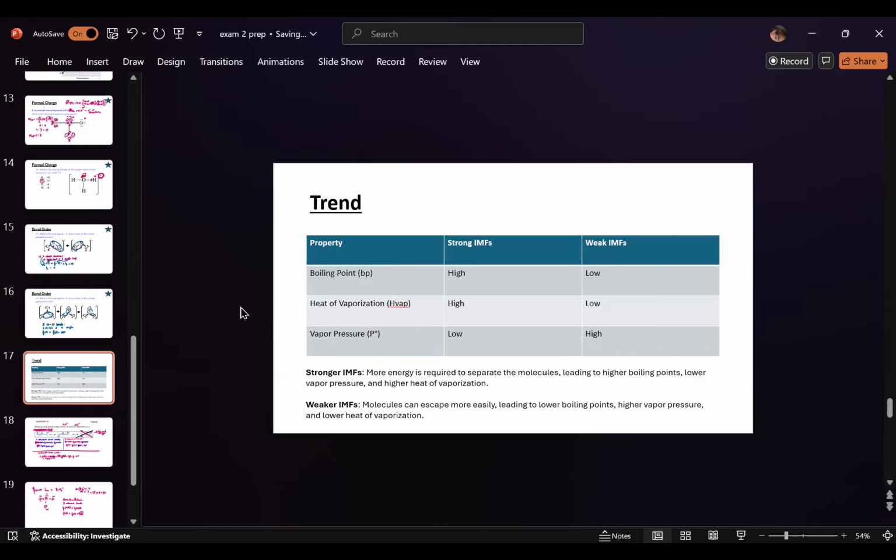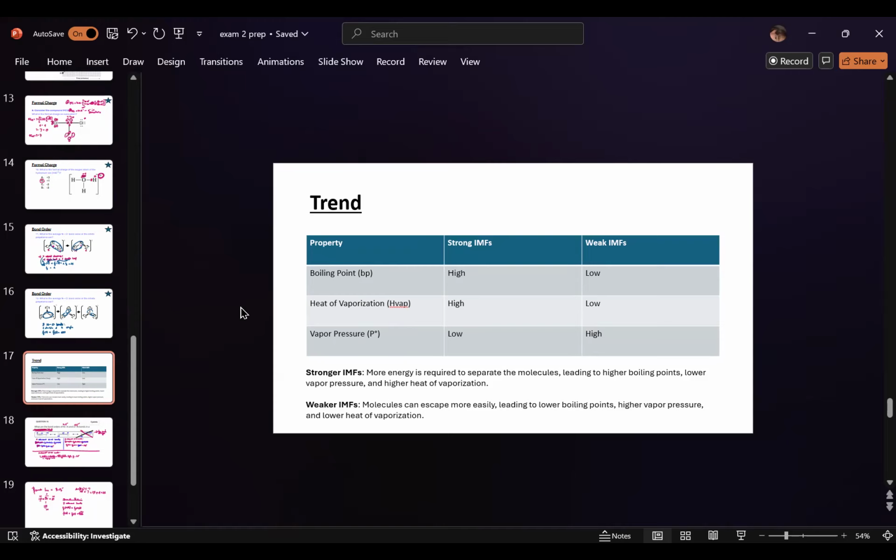Then, this is explaining trends regarding boiling point and heat of vaporization. When you have high intermolecular forces, IMFs, you have high boiling point and high heat of vaporization, and vapor pressure will be low. It's the opposite when you have weak or low intermolecular forces.